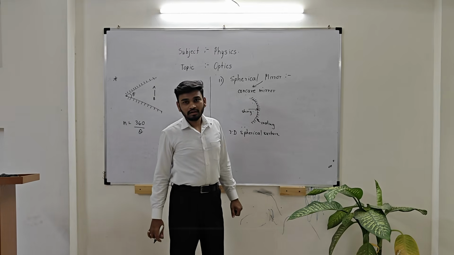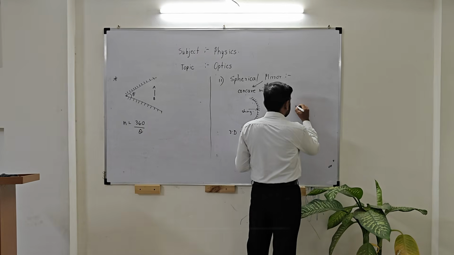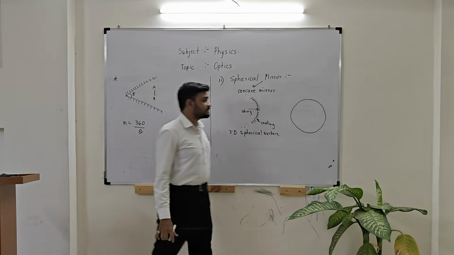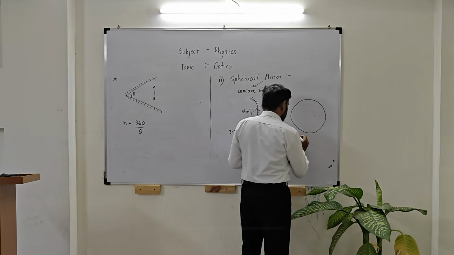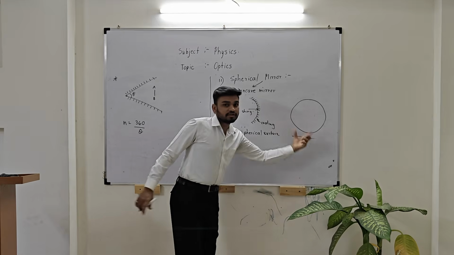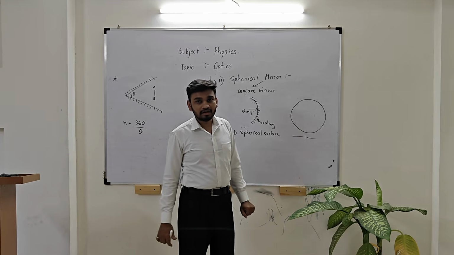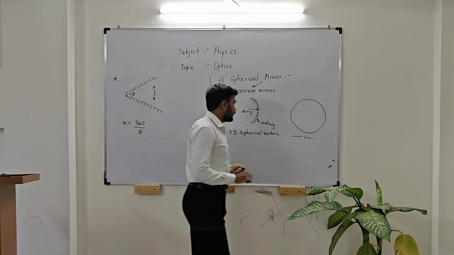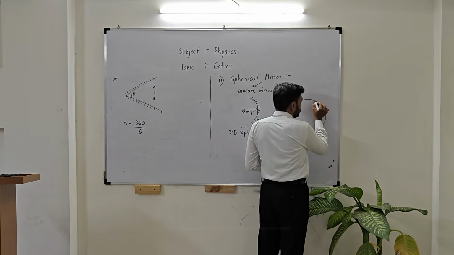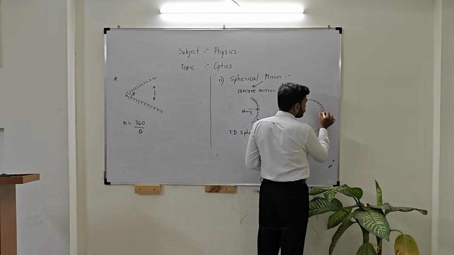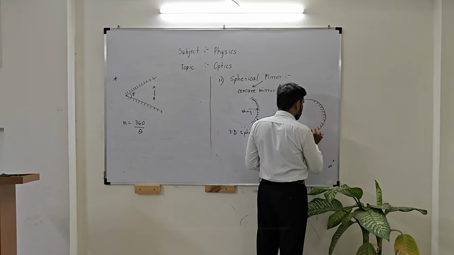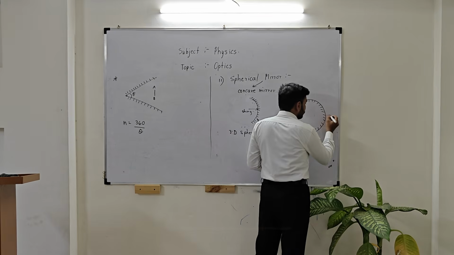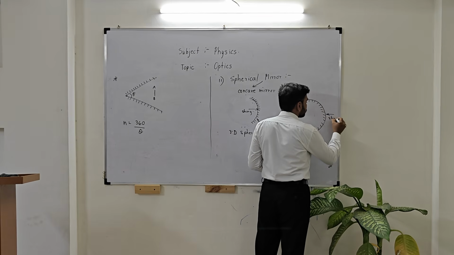Now I will again take a 3D spherical surface this way. This is also a 3D spherical surface, the same one. But now I will have a different condition. Now I will coat the inner surface this way, and the outer surface will remain shiny.